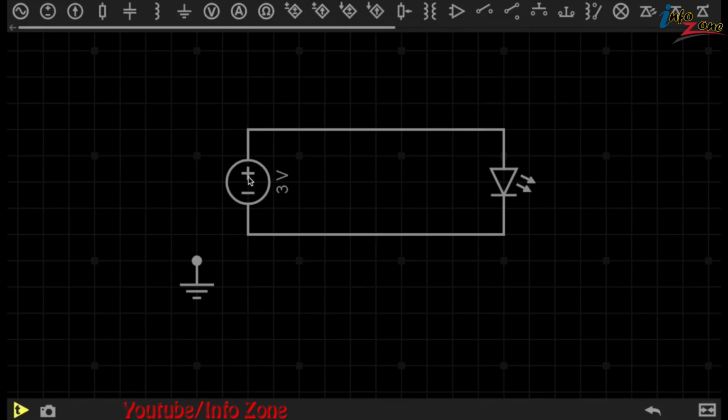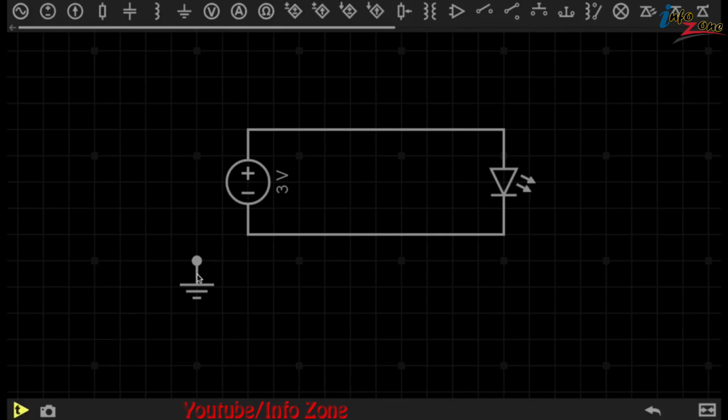Using conventional current here, electrons will flow from the positive through the circuit and through anything in its path as long as it's forward biased, and the electrons will then return to the negative side of the power source. In this case, the negative part of the power source is our ground, because ground just means that this is where the electrons want to flow.